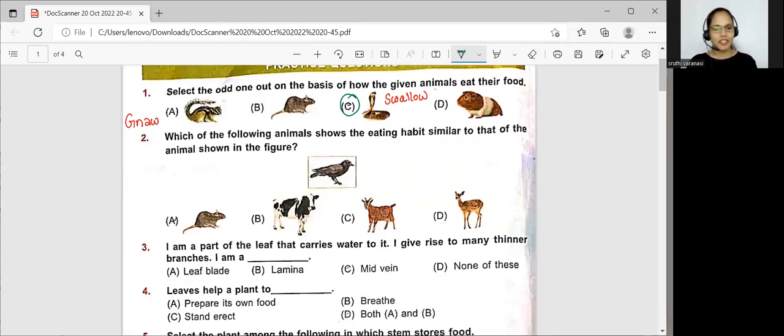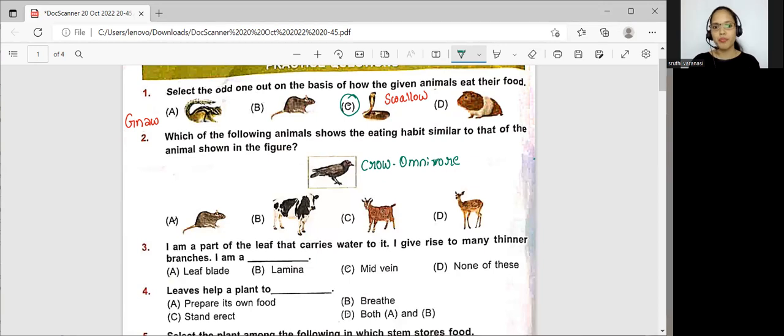Now let's proceed to question 2. Question 2 is asking which of the following animals shows an eating habit similar to that of the animal shown in the figure. What are we seeing here? We are seeing a crow. Now, what is a crow? A crow is an omnivore. Omnivore means it will eat plant products like nuts, fruits, rice, everything, and it will also eat dead animals, dead rats, and all.